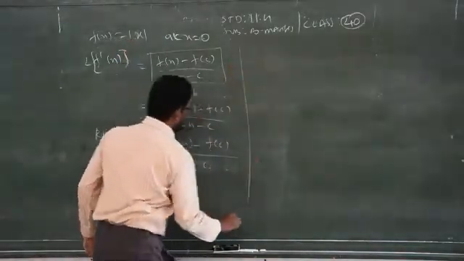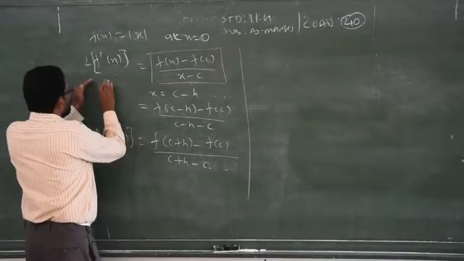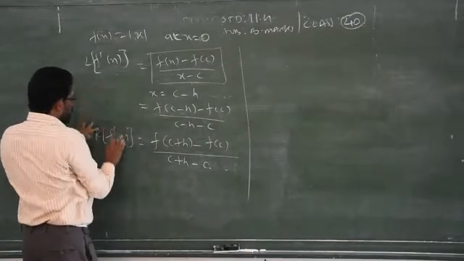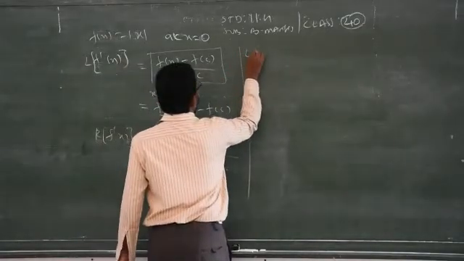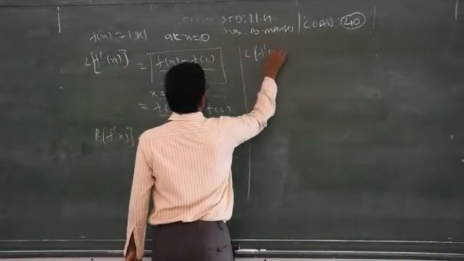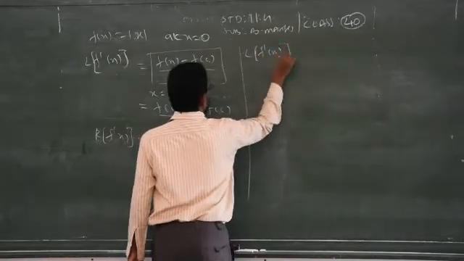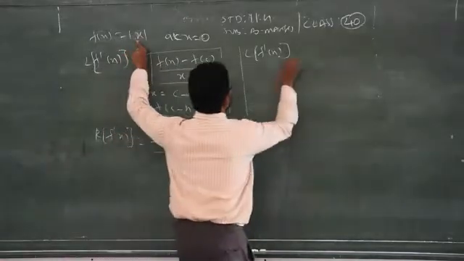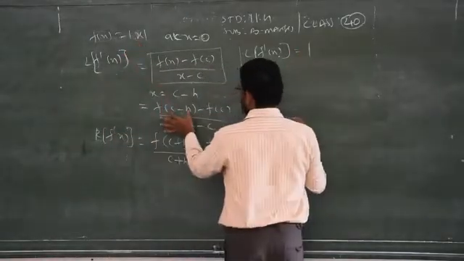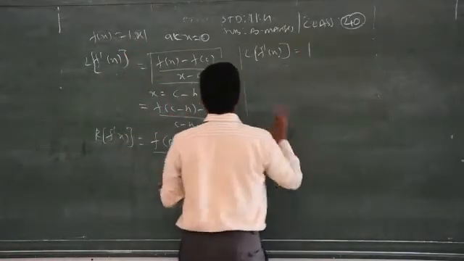So now we will see, I am substituting both the left hand derivative as well as the right hand derivative. So what is the left hand derivative? L of f dash of x. Dash means derivative. L of f dash of, so what is here x? Modulus of c minus h. What is your c?